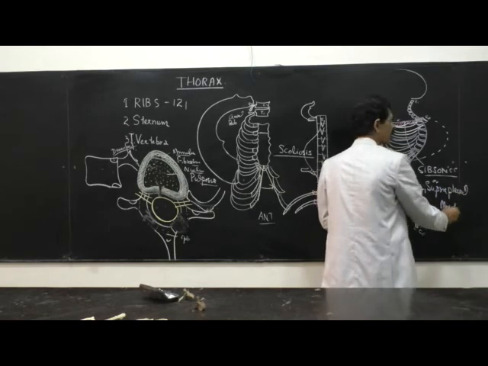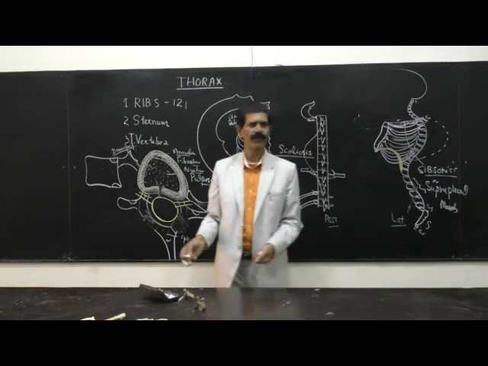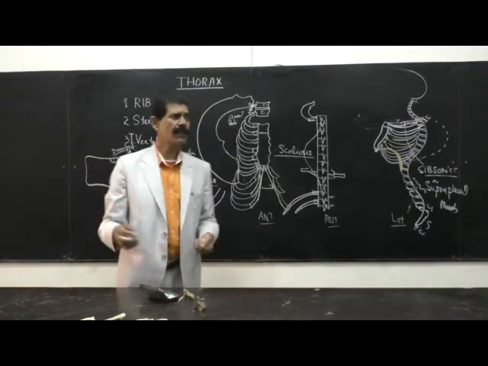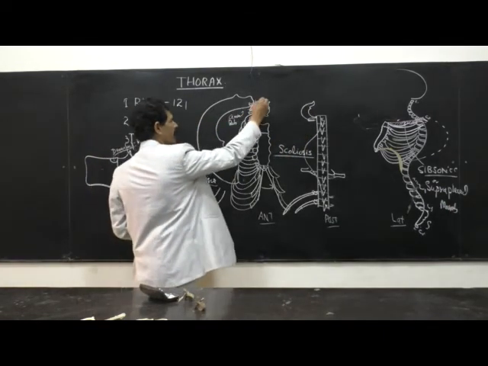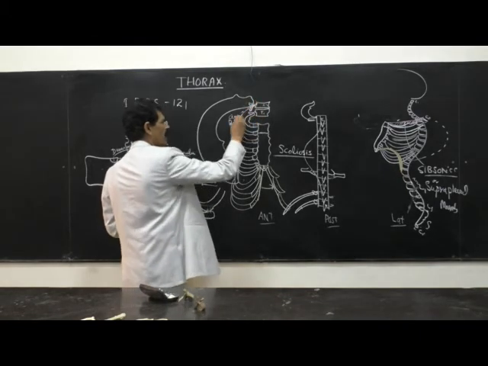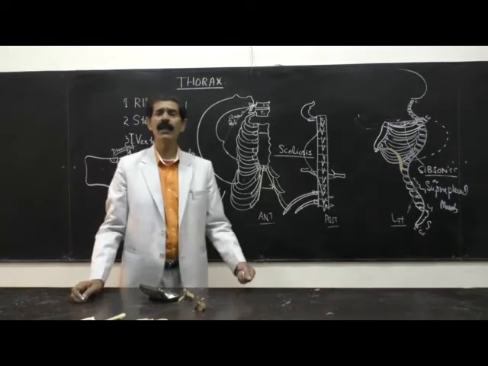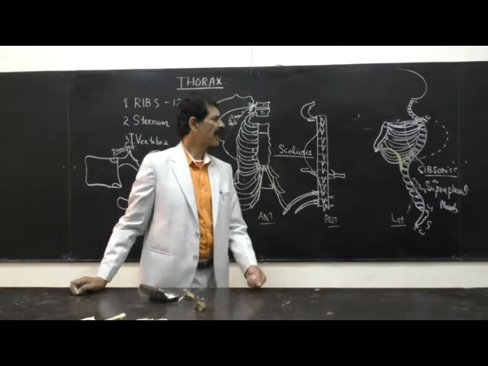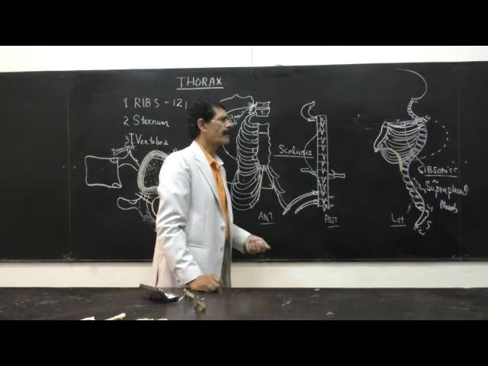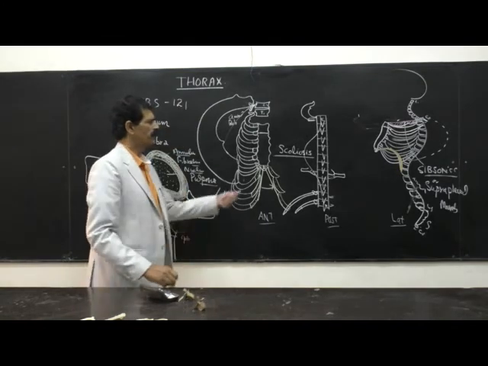What is the attachment? What is in detail? We'll go later on. So the thoracic cage is closed in the upper part by the suprapleural membrane and inferiorly by the thoraco-abdominal diaphragm. So that is how the construction of the thoracic cage is there.